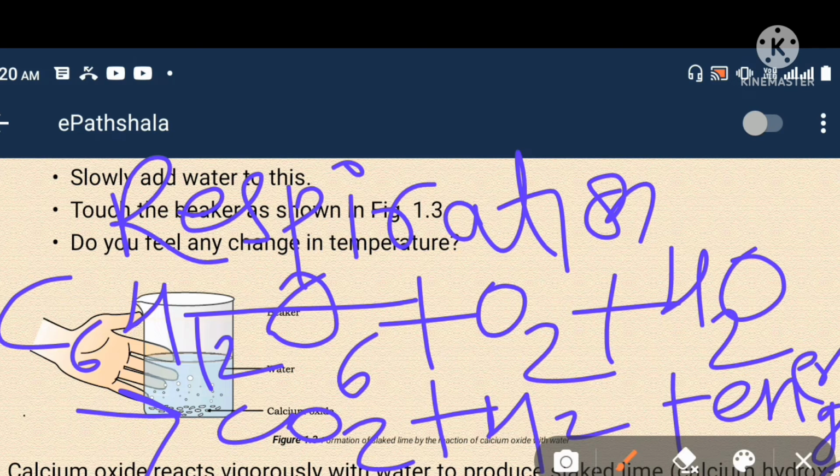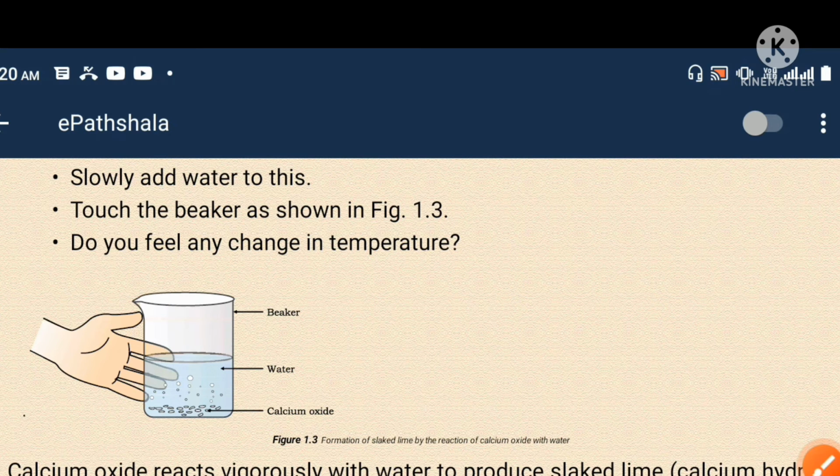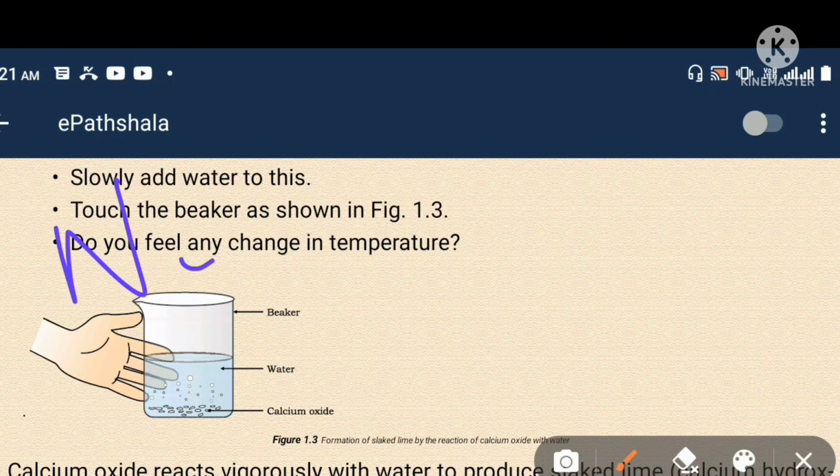Now endothermic reaction. In exothermic reaction, heat is liberated. In endothermic reaction, heat is absorbed. A reaction in which heat is absorbed is called endothermic reaction, and a reaction in which heat is evolved is called exothermic reaction.